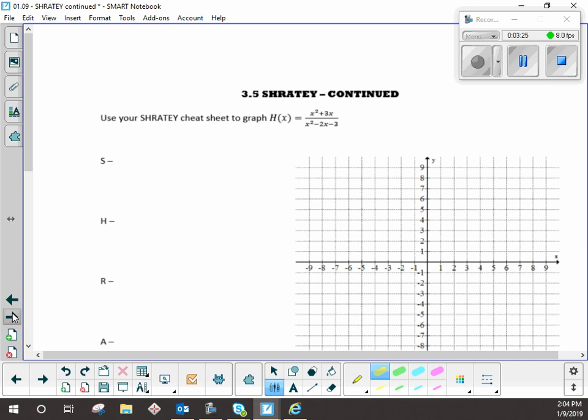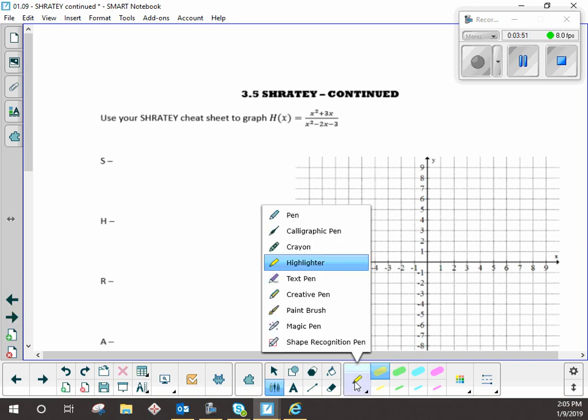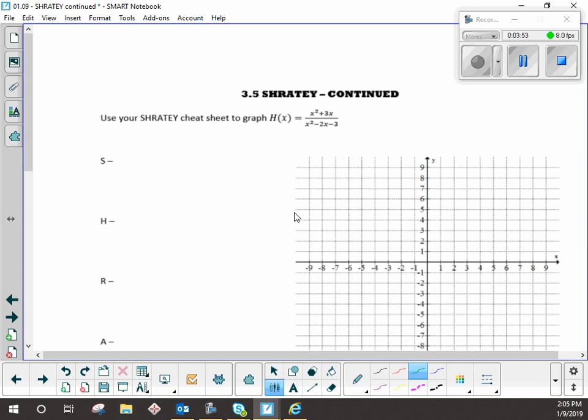And so that yellow sheet you have there, your SHRATEY sheet, it's an acronym, okay, SHRATEY, however many things that is, 7 or 8 letters. Each of those is a little step for gathering information from the function that will help us graph it, all right? So that's the whole point of that yellow thing, and it is a long process, but with practice it becomes easier. And the first thing I want you to do, though, is change the function on your notes to this one.